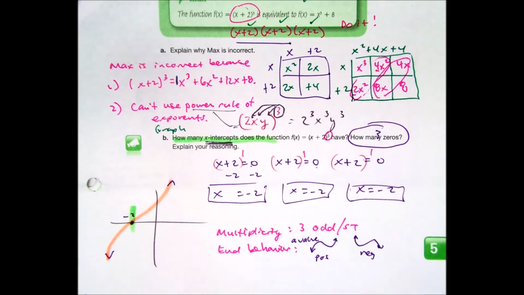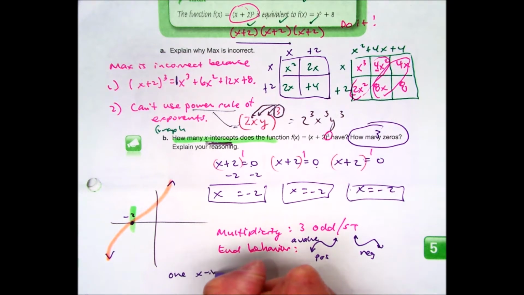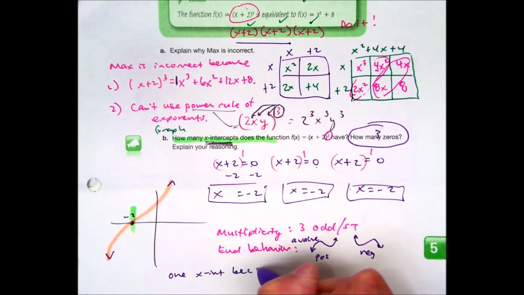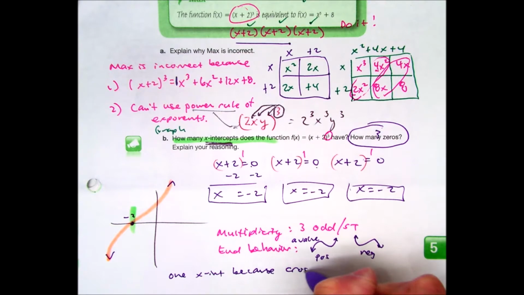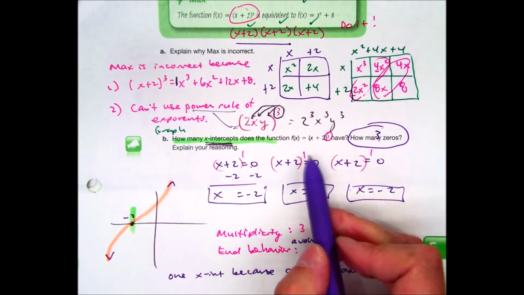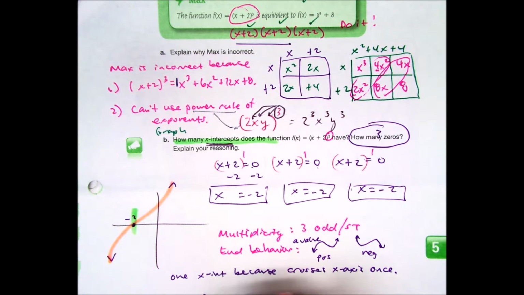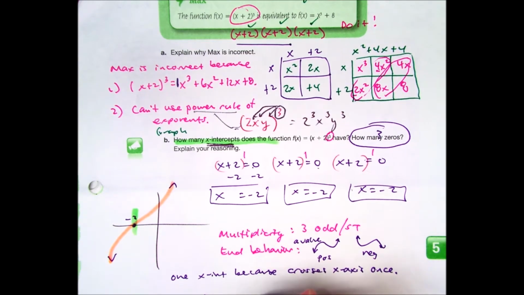So it says how many x-intercepts are there? There's just one. One x-intercept because it crosses the x-axis once. How many zeros does it have? Has 3 zeros. I don't know why I keep spelling zeros with the E. Has 3 zeros.